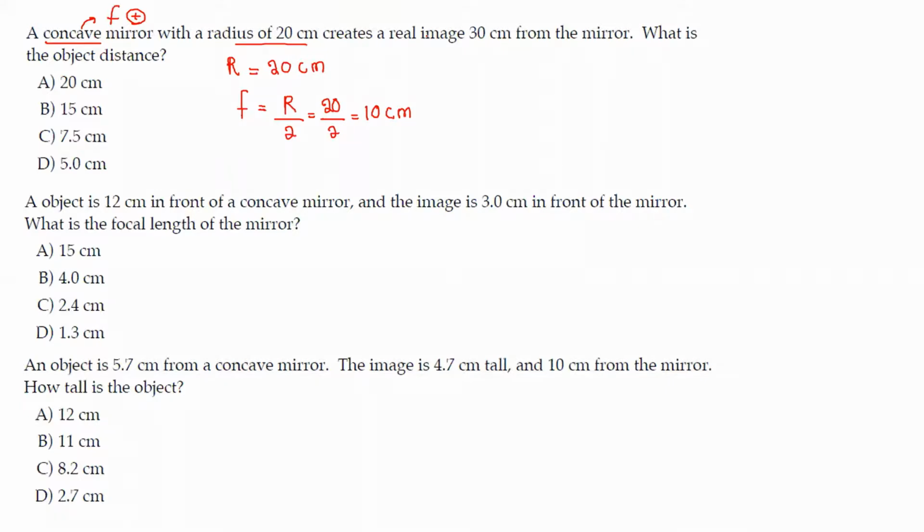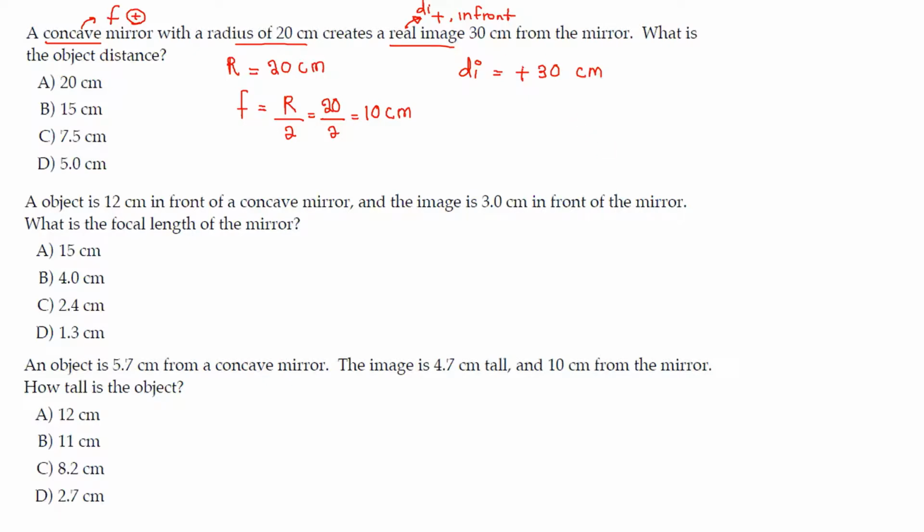Creates a real image 30 centimeters from the mirror. What does it mean? Real means DI is positive, right? That means it is in front of the mirror. So your DI is positive 30. That is what it means.